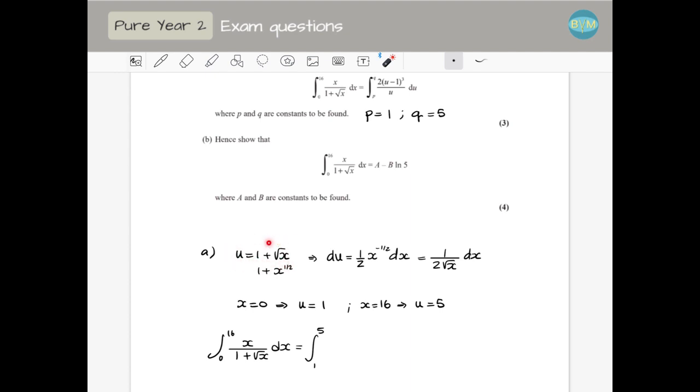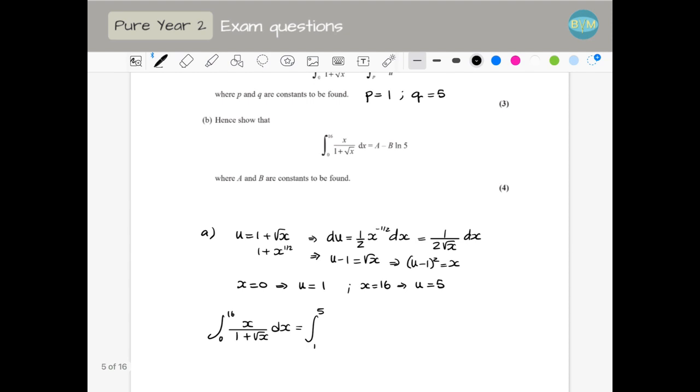So if I make x the subject, I have that u minus 1 is root x, which means that u minus 1 squared is x. So I'm going to write here u minus 1 squared. And now divided by 1 plus root x, which is u. So this one is this u, and this one from here is u minus 1 squared.